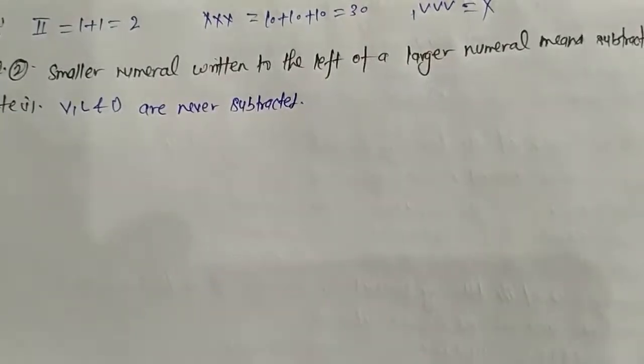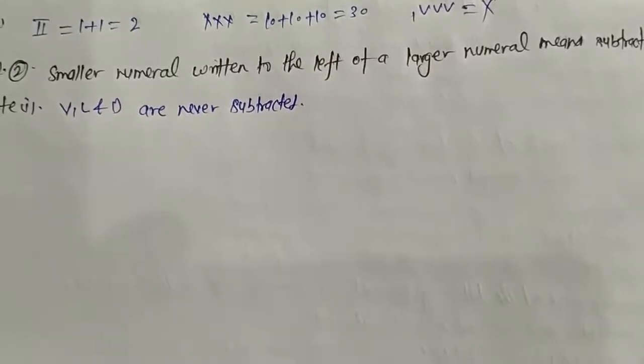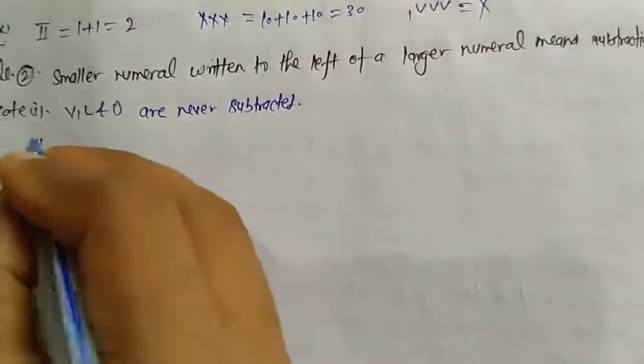Second: I can be subtracted from V and X only. I को सिर्फ V means 5, X means 10 में से ही माइनस कर सकते हैं.